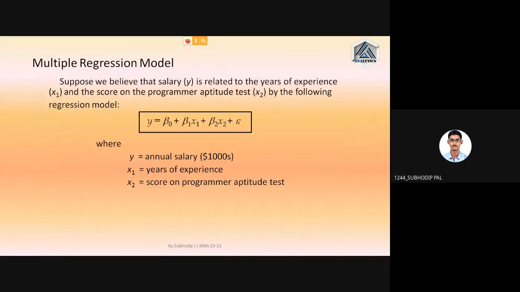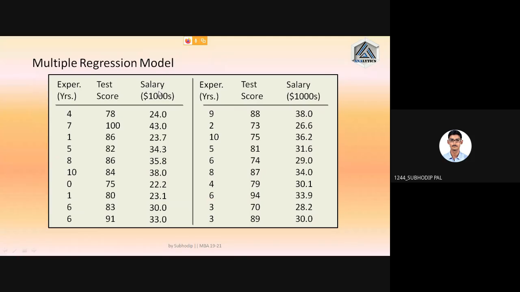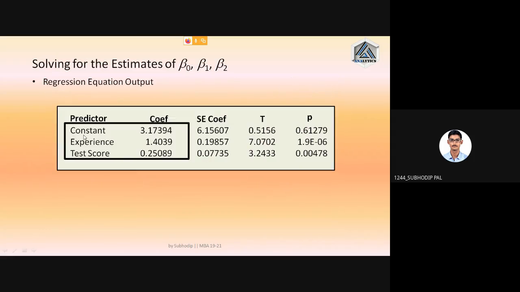I'll show you again the dependent and independent variables. Salary is the dependent variable, and test score and experience are the independent variables. Now tell me how you will write the regression equation. y cap equals 3.17394 plus 1.4039 into x1, where x1 is experience, plus 0.25089 into x2, the test score.